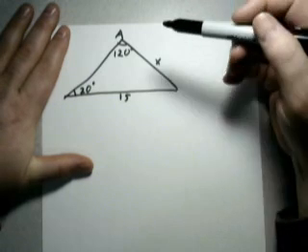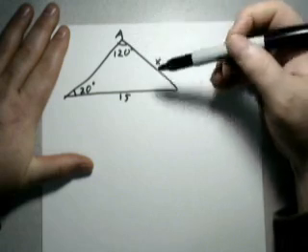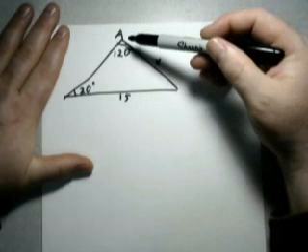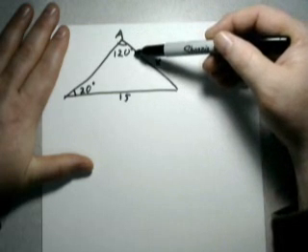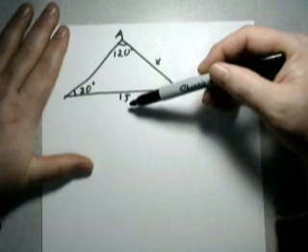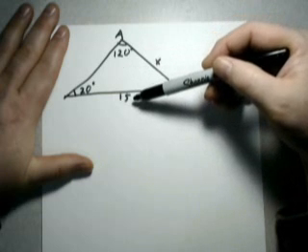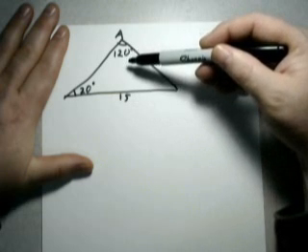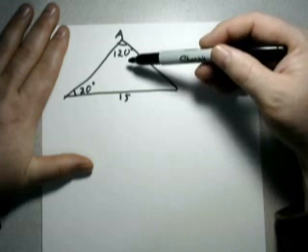Now, as I said in the lesson, I'll say it again, the way you determine whether you can use the law of sines or the law of cosines is if you have an angle. If you're given an angle and the opposite side of that angle, so in this case we have 120 degrees and 15, then you use the law of sines. If that is not the case, then you use the law of cosines.